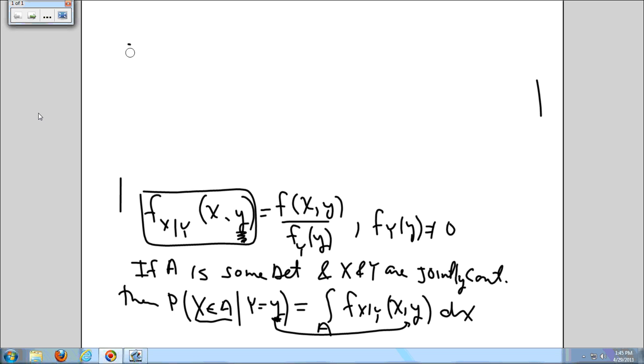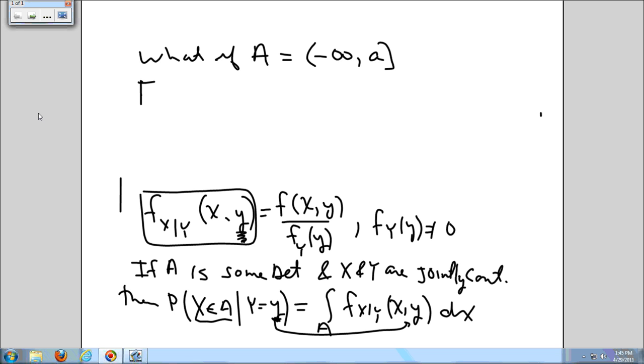What if the set A is all the values below some little a, even including little a? It's not going to matter whether we include it or not.